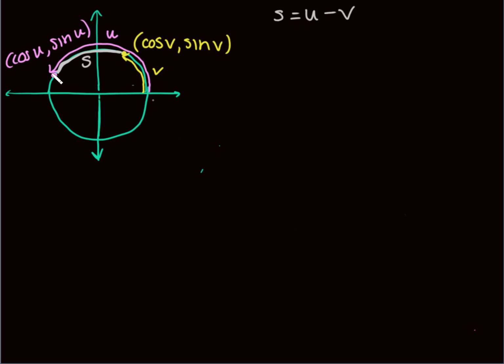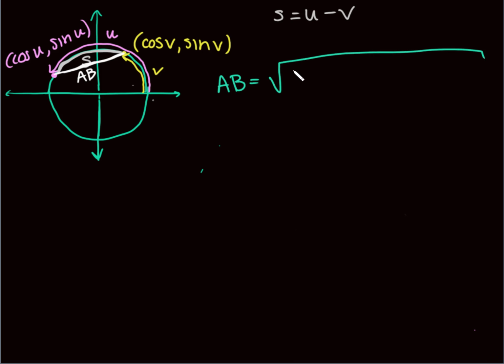So let's look at these two points, this purple point and this yellow point here. What if I were to find the distance between these two points? Let's say that's a point A and a point B, and I'm just going to call this distance AB. Remember what the distance formula does?